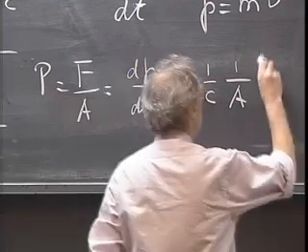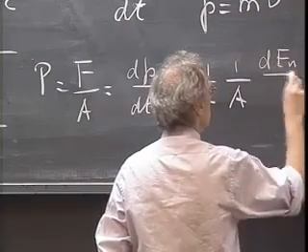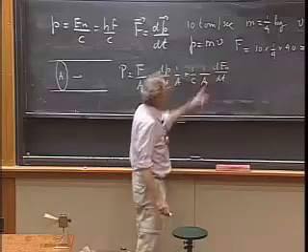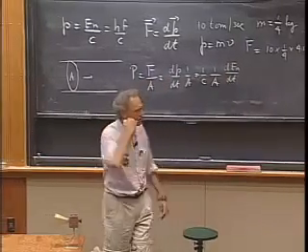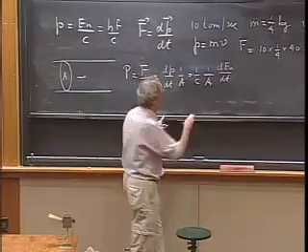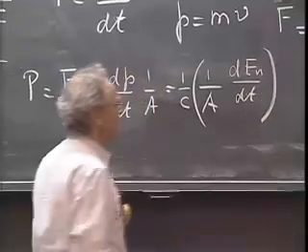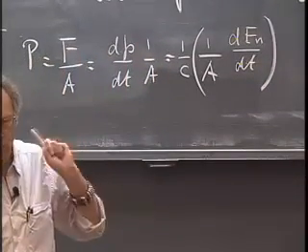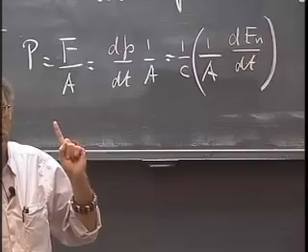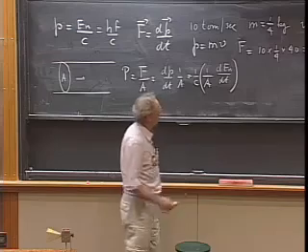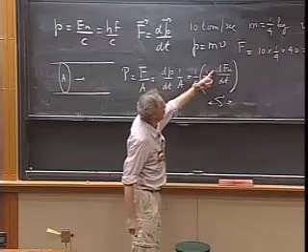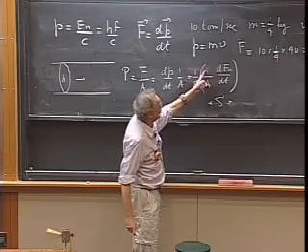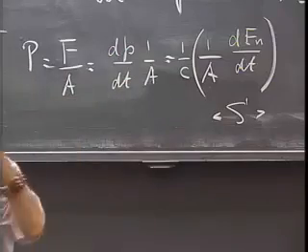So I get here d of energy dt. This is joules per second. How many joules per second hit me? That's what that means. And this is the area of the cross-sectional beam. And this is what we earlier called, in this course, the Poynting vector. We called that the mean value of S. So this is joules per second per square meter, which is exactly what the Poynting vector was.